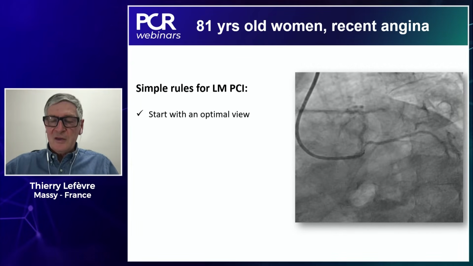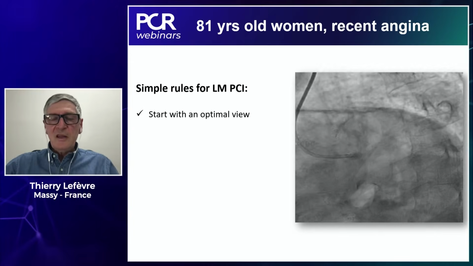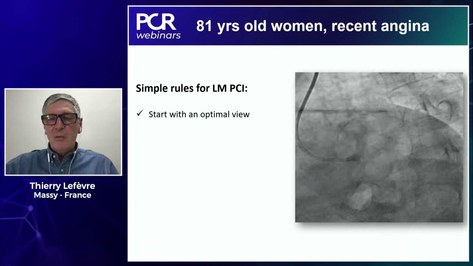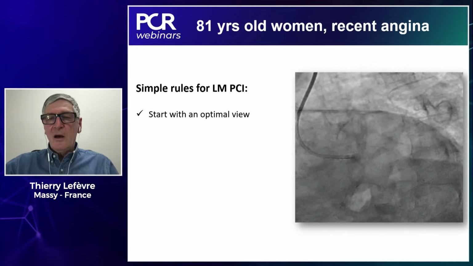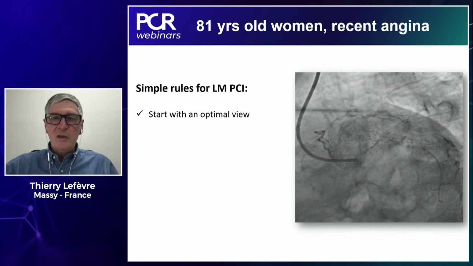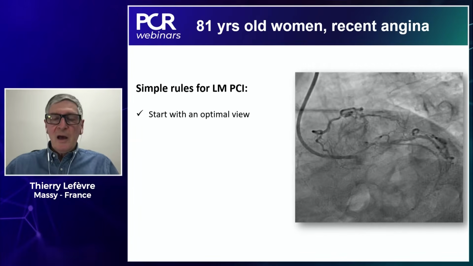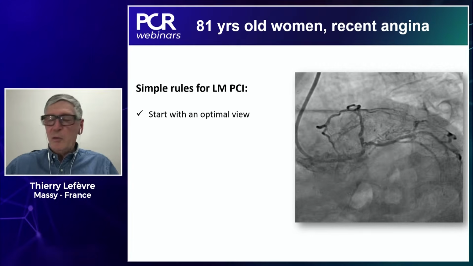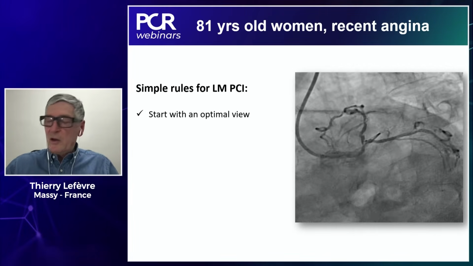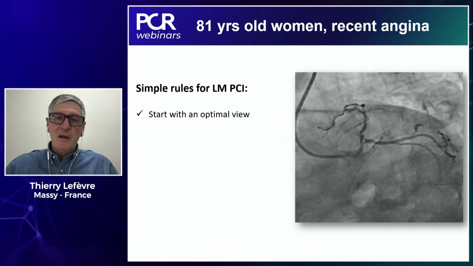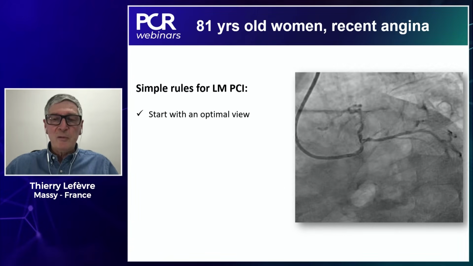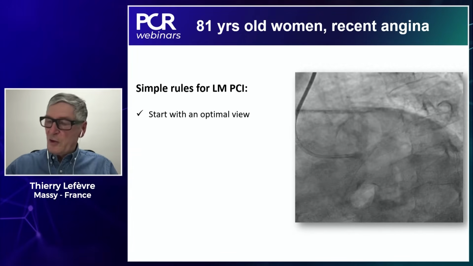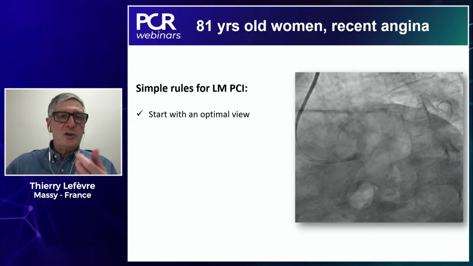So this is the view of the left coronary system. You can see that it's clearly a Medina 111 bifurcation lesion with a lot of disease everywhere in this left main. And I want to remind you of a few rules which in my view are very important when dealing with left main PCI. The first is that it's very important to have an optimal view to see the separation of the two vessels, the LAD and the circ, and so to see the ostium of the left main.